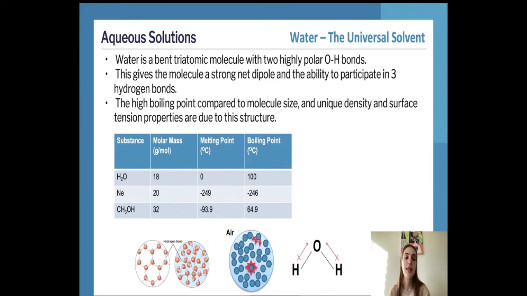This means that the water molecules can be more attracted to each other than methanol molecules can be attracted to each other. So it's harder to break apart those water molecules, so there'll be a higher melting point and subsequently a higher boiling point.